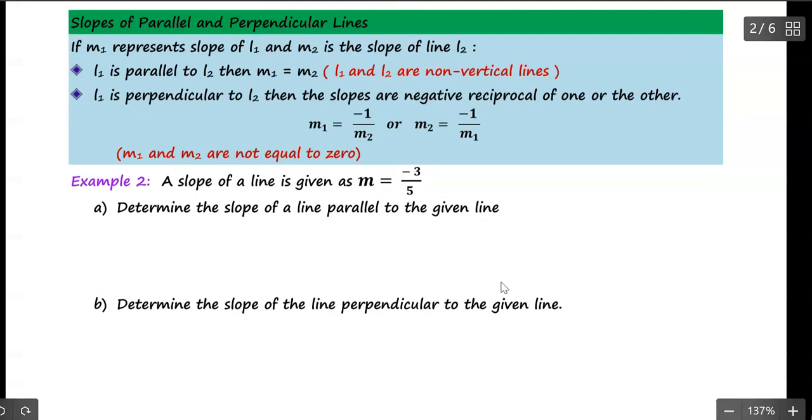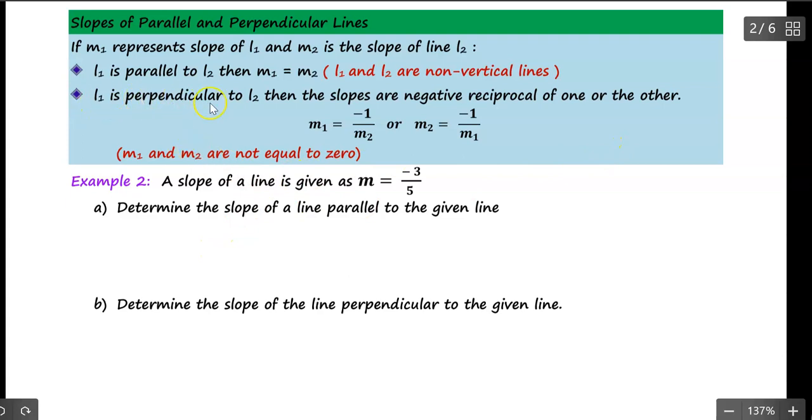If m1 represents the slope of L1 and m2 is the slope of L2, and L1 is parallel to L2, then m1 equals m2. Just make a note that L1 and L2 are non-vertical lines, because vertical lines have no slope, or the slope is undefined.